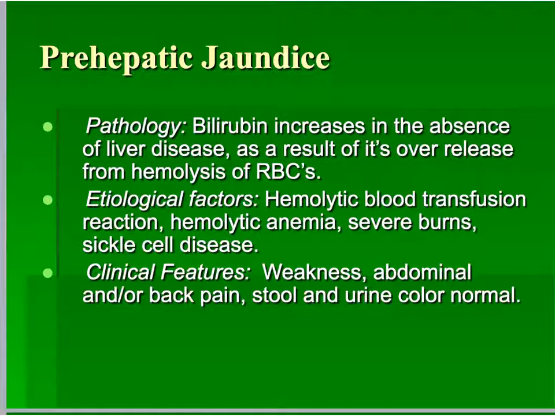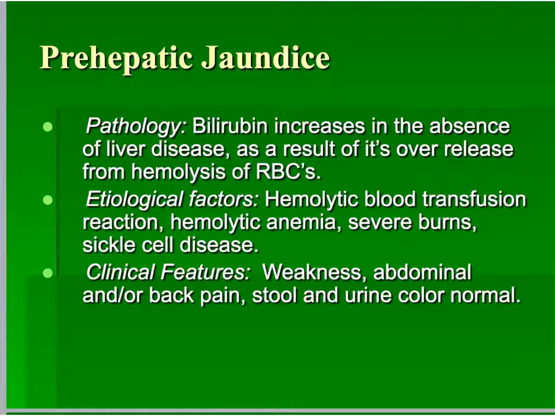So there's over-release from the hemolysis of red blood cells. There's so much red blood cell breakdown that the liver cannot handle all that heme that is being broken down. So there's so much bilirubin being produced that the liver cannot convert all that bilirubin to bile.